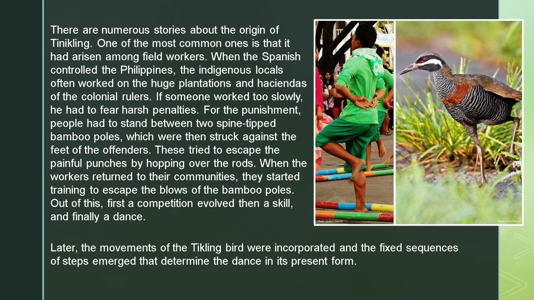So, to escape the painful punches, they needed to hop over the rods. When the workers returned to their communities, they started training. They trained themselves to escape the blows of the bamboo poles.